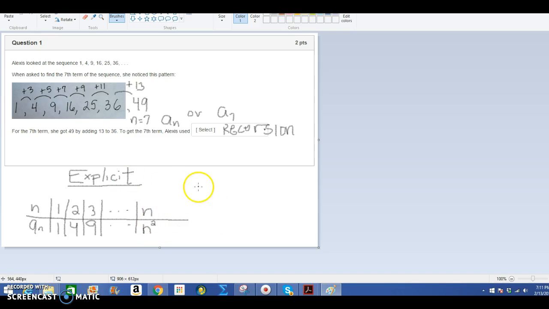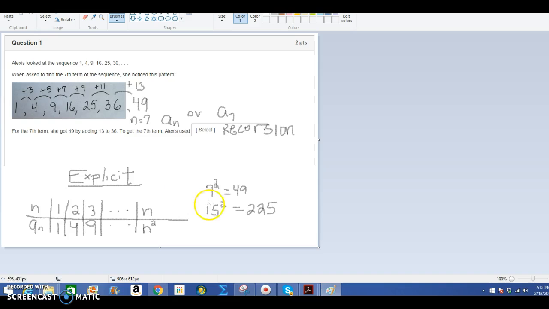So another way to get the 7th term would have been to say 7 squared is equal to 49. And let's say I wanted the 15th term. Well, I just explicitly use my term number, the 15th term, square it, and I've got 225.